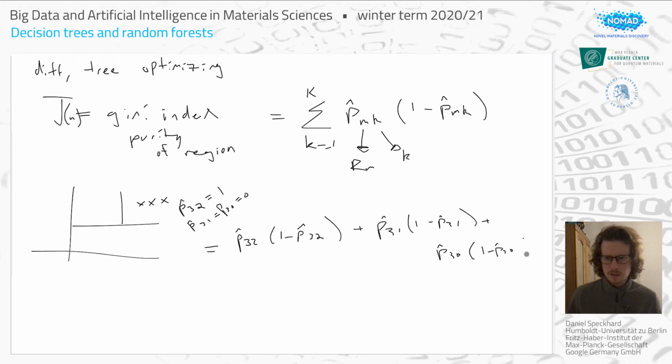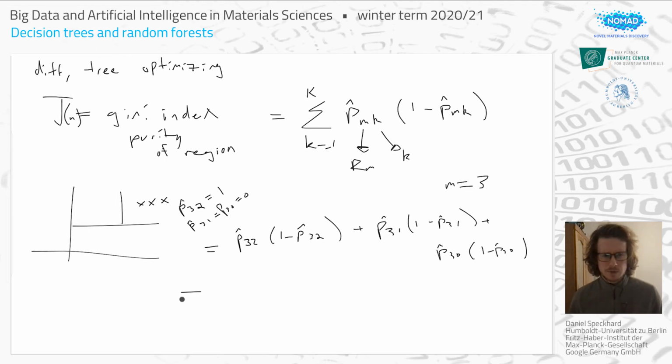I've written this in the opposite order, so this term should actually be coming first, but since it's an addition, we can just move these around, no problem. This is just this summed out for region M equals 3. What region are we looking at? We're looking at region 3.